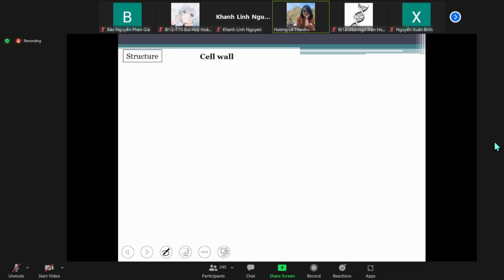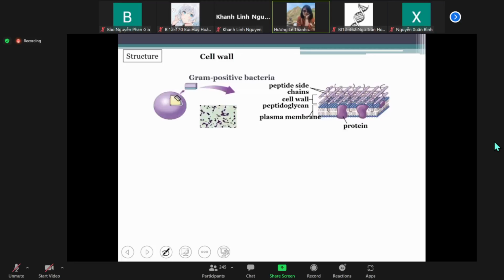Based on their cell walls, prokaryotes can be classified into two groups, Gram-positive and Gram-negative bacteria. First, the positive bacteria have a cell membrane here, and a cell wall composed of peptidoglycan. And peptidoglycan is composed of polysaccharides plus amino acid chains. And we have another type of bacteria based on the cell wall we have. So we have the positive, and the other type is negative.